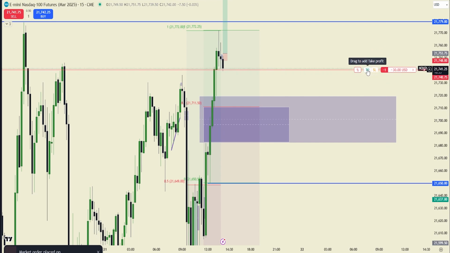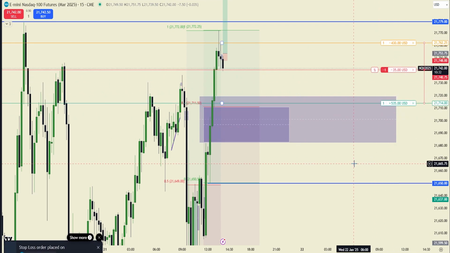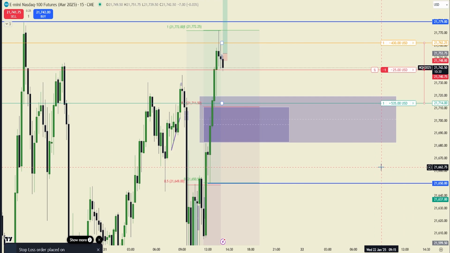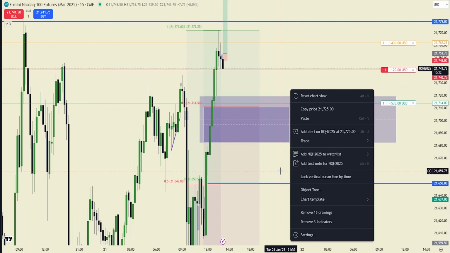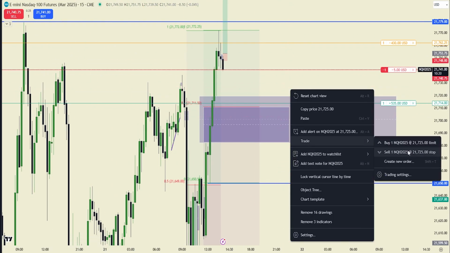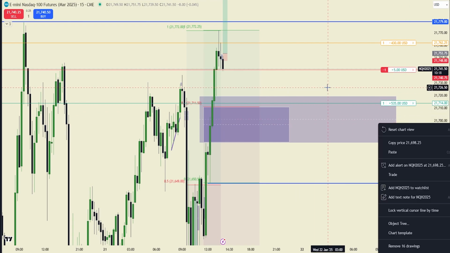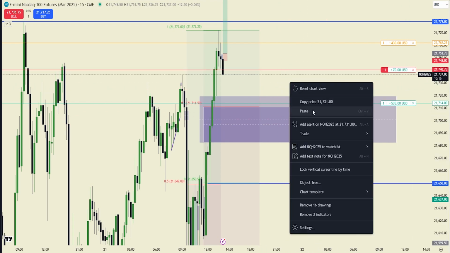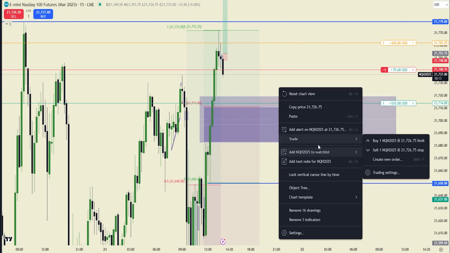You don't drag and drop like take profit, stop loss type thing, right? Like you can't do that on Tradovate. Yeah, for Tradovate you just click and you would add an order. But yeah, on TradingView it's a lot less intuitive. Like you have to left click, or I mean right click, and then go trade and then buy.